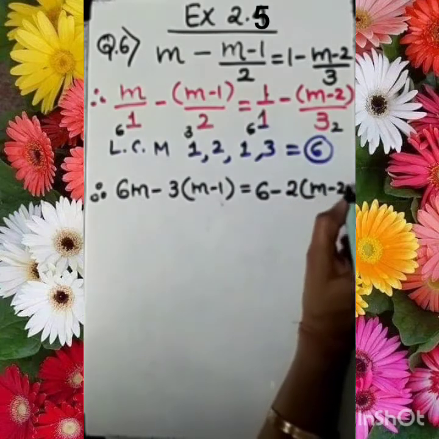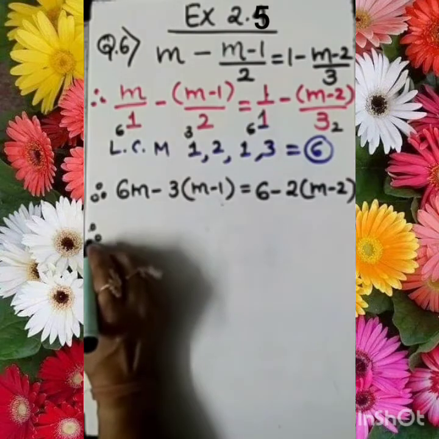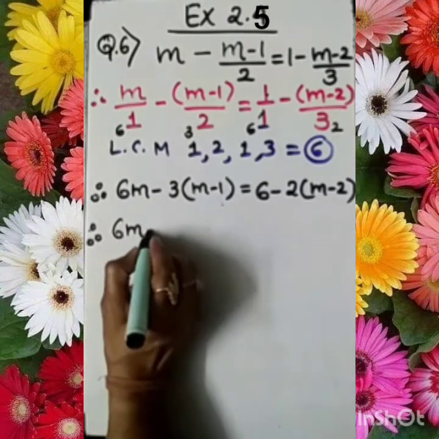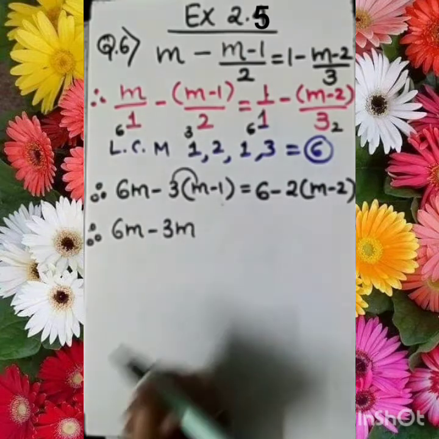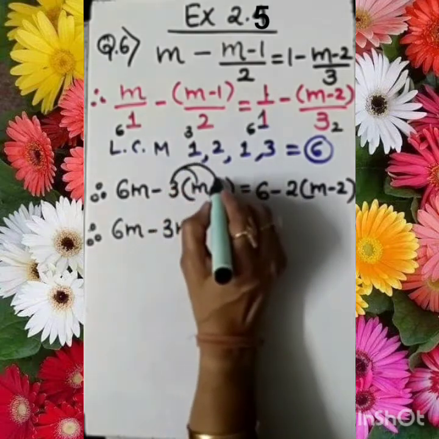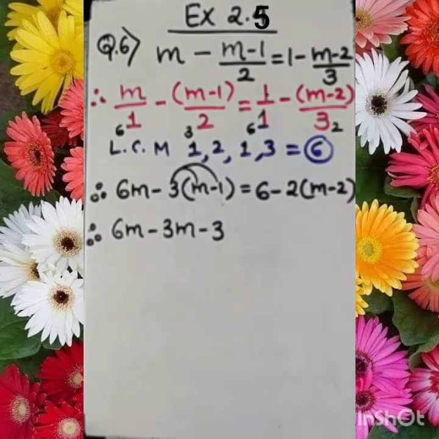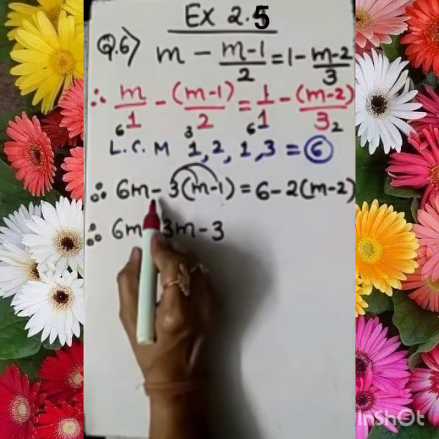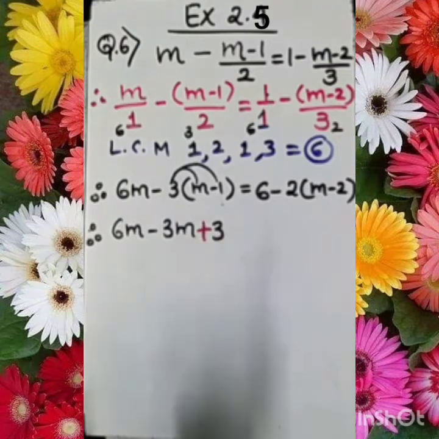Here, so dear student, what I am going to do, this is 6m minus 3 into m, product of 3 with m is 3m minus 3 ones are 3. But as you know that here because of this minus sign, this minus will be converted into plus.